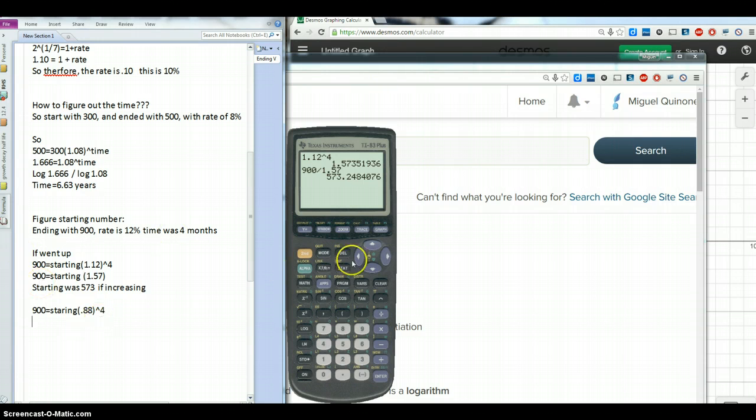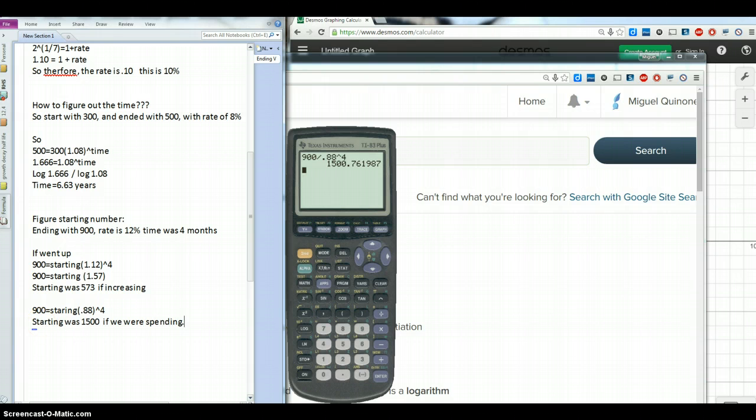So if you want to do this faster, all you got to do is put 900 divided by, because we're going to divide this by that, so you just put it in the calculator, 0.88 to the power of 4, and that will give you $1,500. So starting was $1,500 if we were spending more.